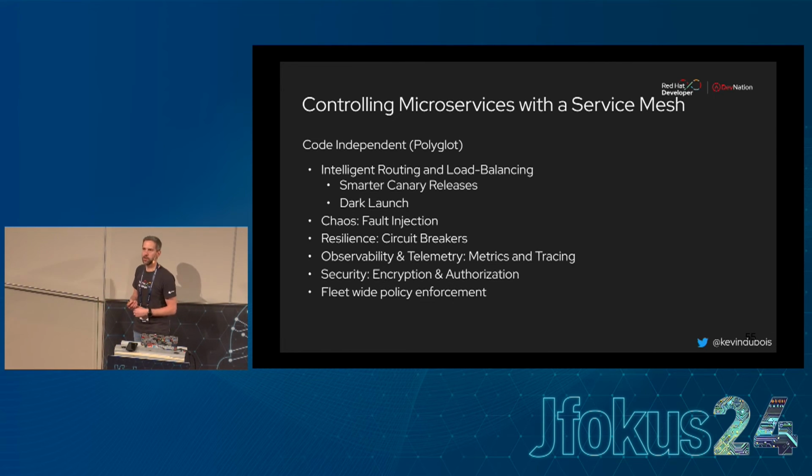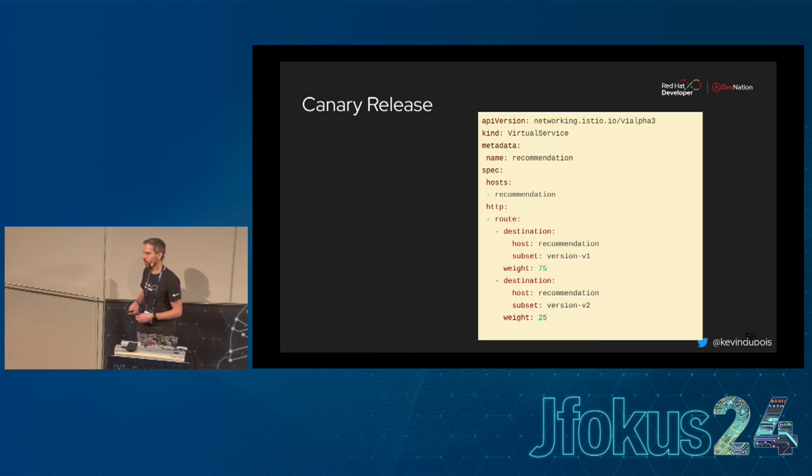It also allows you to, for example, do dark launches, so mirroring traffic. It can do all those things by defining that in your service mesh. It's not super easy to configure, in my opinion, but it is really powerful. So if you haven't checked it out, definitely do.